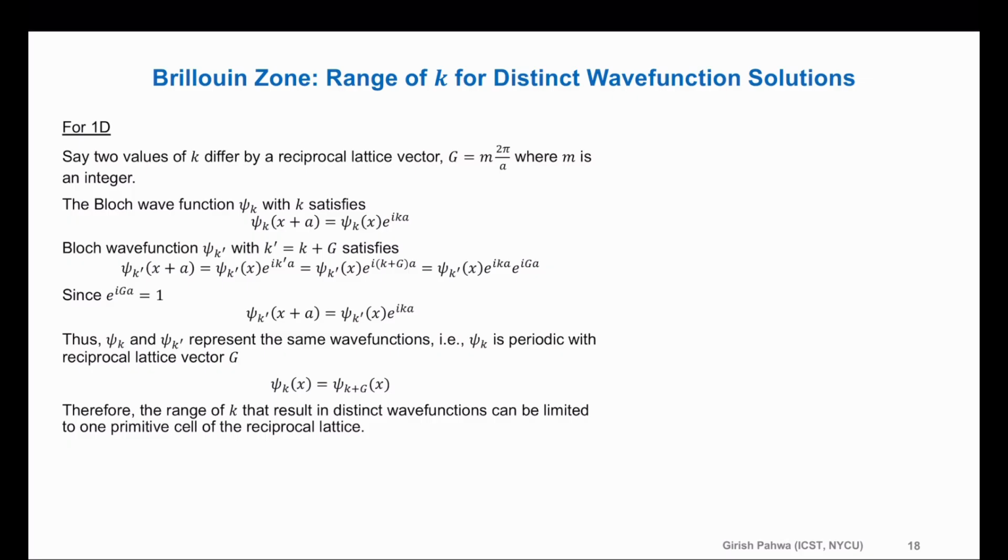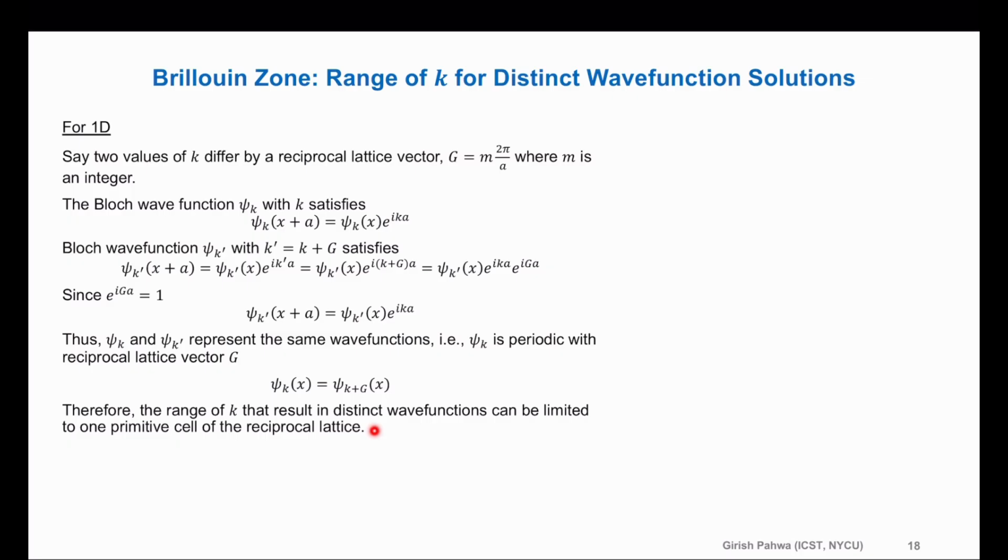Okay, so the range of k that results in distinct wave functions can be limited to one primitive cell. Do you agree? So in one primitive cell, all the k values will have distinct wave functions. That is called the Brillouin zone. Now, does this definition and our earlier geometrical definition match? Yes, they do. What is our earlier definition?